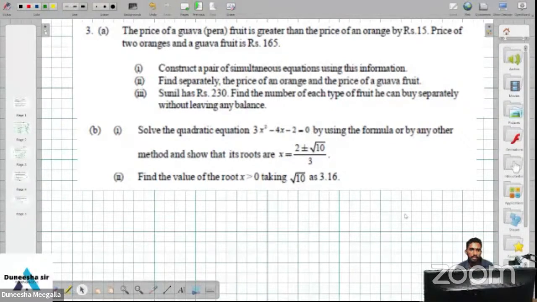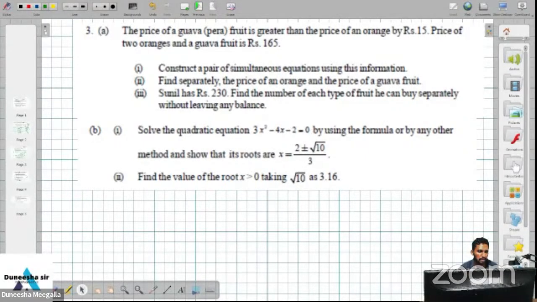Price of a guava fruit is greater than the price of an orange by 15 rupees. Price of 2 oranges and a guava fruit is 165 rupees. Construct a simultaneous equation.